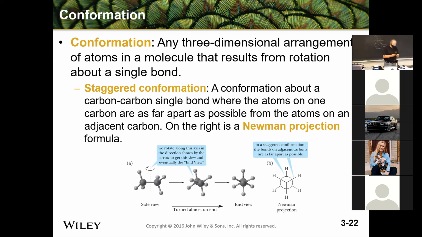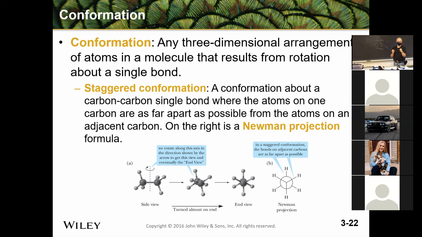So here, these represent hydrogens. These hydrogens repel each other in the eclipsed conformation, and so the tension along that bond is called torsional strain, which results from eclipsing.